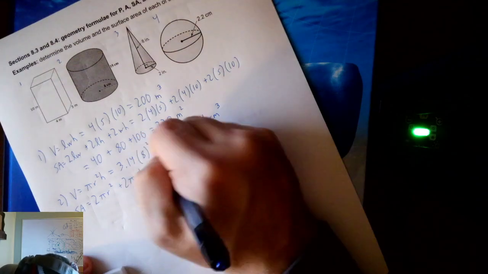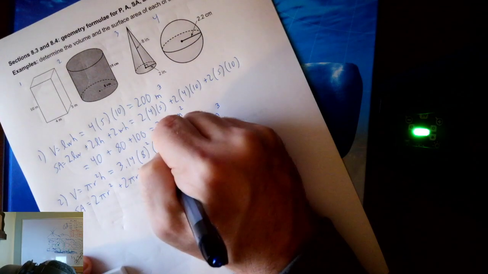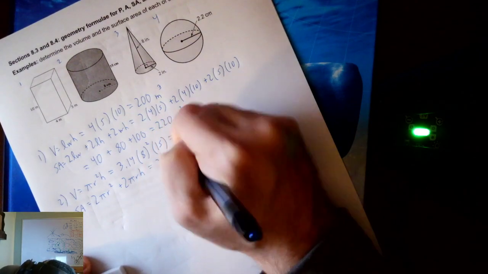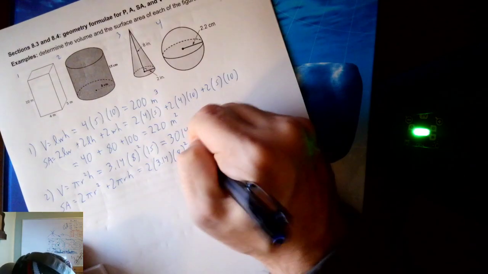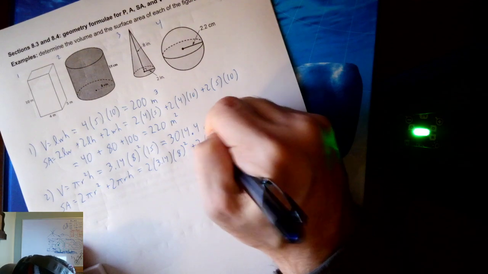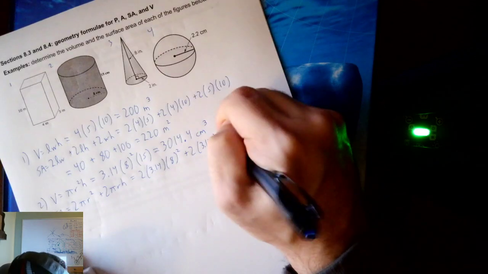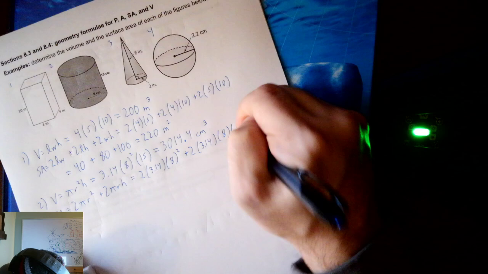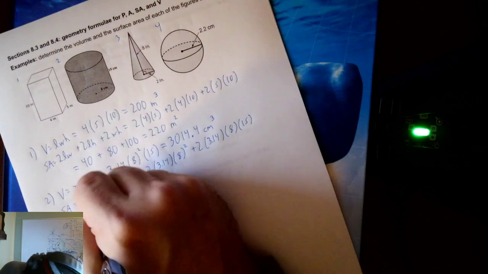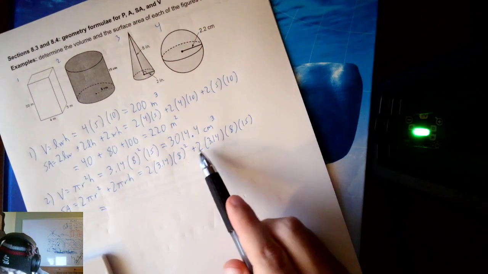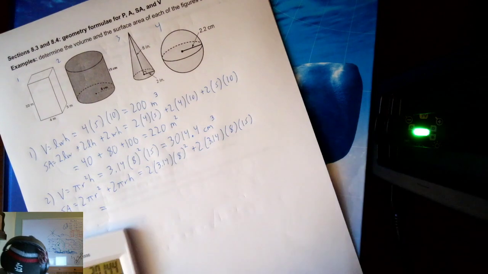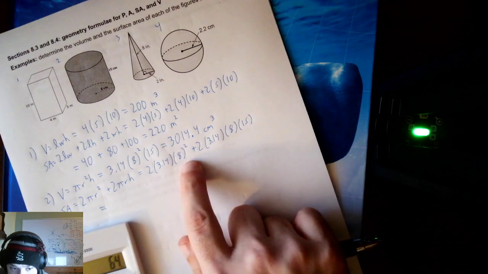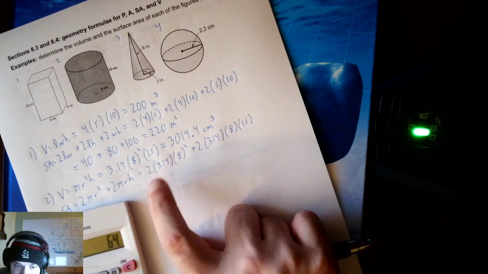Well, I'm going to plug in 2 pi, which is 3.14, r is 8, and that's squared, plus 2 pi is still 3.14, r is 8, and now h is 15. Now, I need to figure out the multiplications before I add, right? In the first one, I will do 8 squared first. 8 times 8 is 64. And then I need to multiply it by pi and 2.